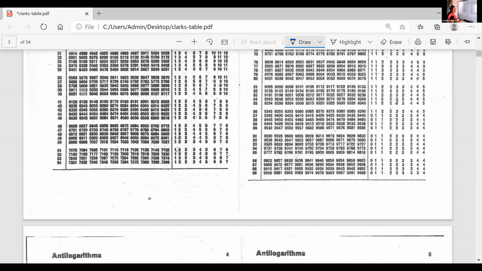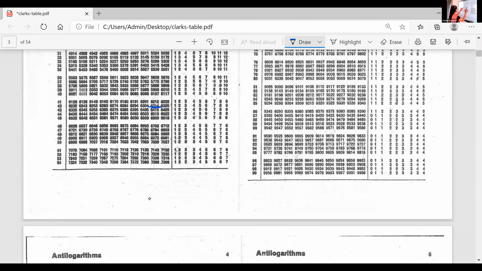4287. What will be the value? Tell me the value. 4287, 631. 6314. Very good. This is 428.